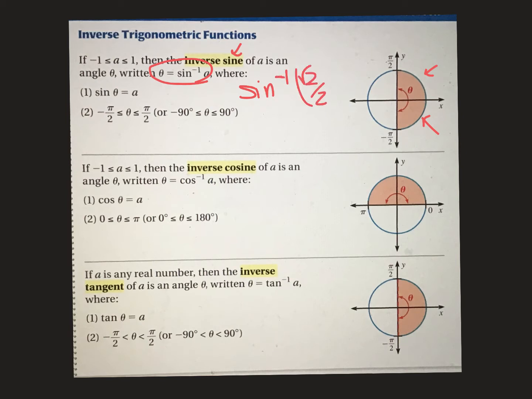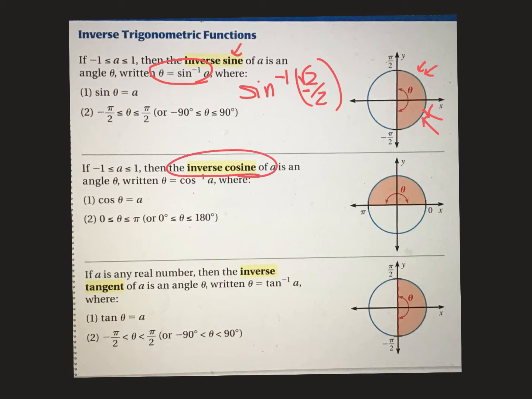And what that's asking you is, where is sine square root of 2 over 2? Well, because it's positive, it's somewhere in quadrant 1. Now, if it was a negative square root of 2 over 2, it'd be somewhere in quadrant 4. Okay, so instead of asking you what is sine pi over 4, they're going to ask you where is sine square root of 2 over 2, and you would say, oh, it's at pi over 4. So it's going completely backwards of what we've been doing. But for inverse sine, quadrant 1 and 4.